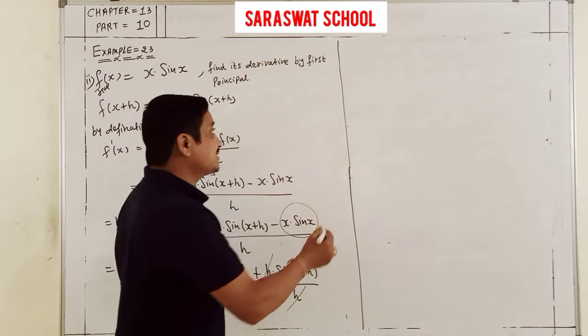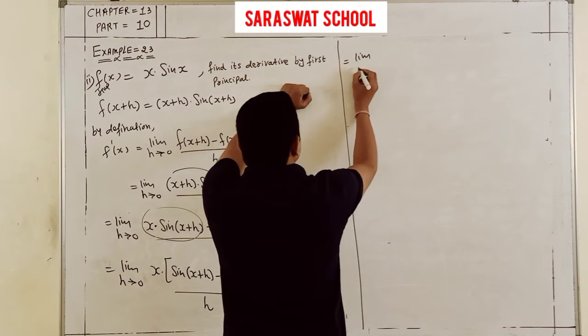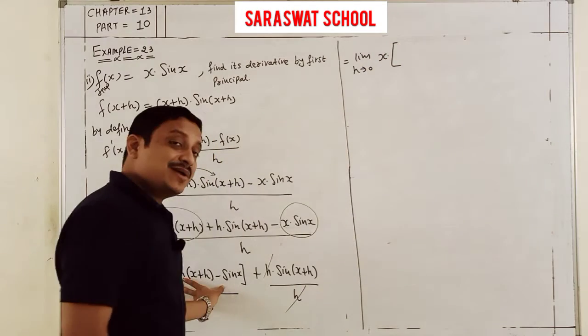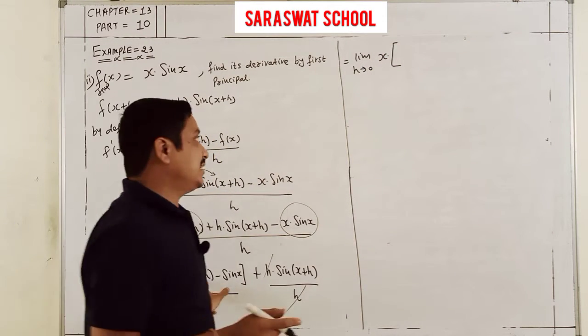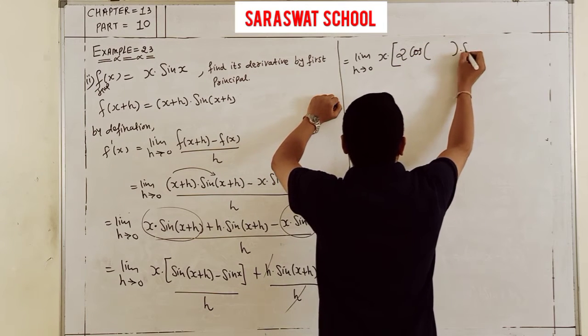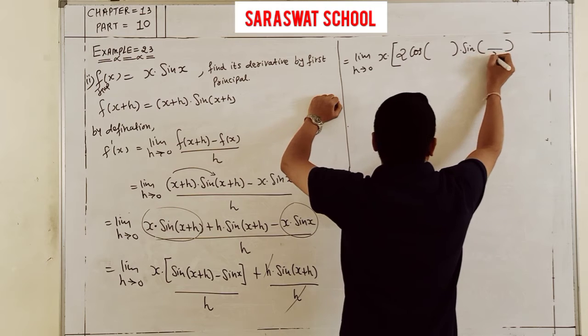Apply sine minus sine. So limit h tends to 0, x, and this property: sin C minus sin D equals 2 cos sin. Yes, we will get 2 cos sin, both angles divided by 2.